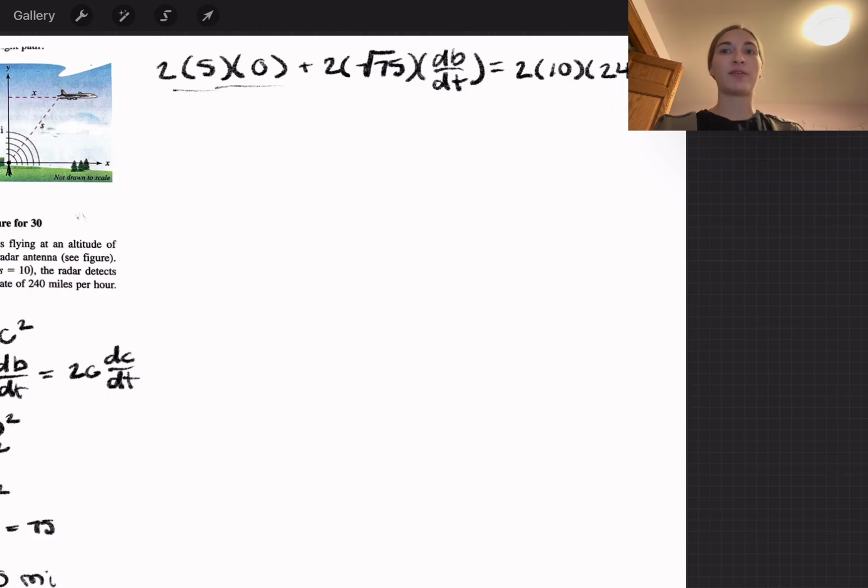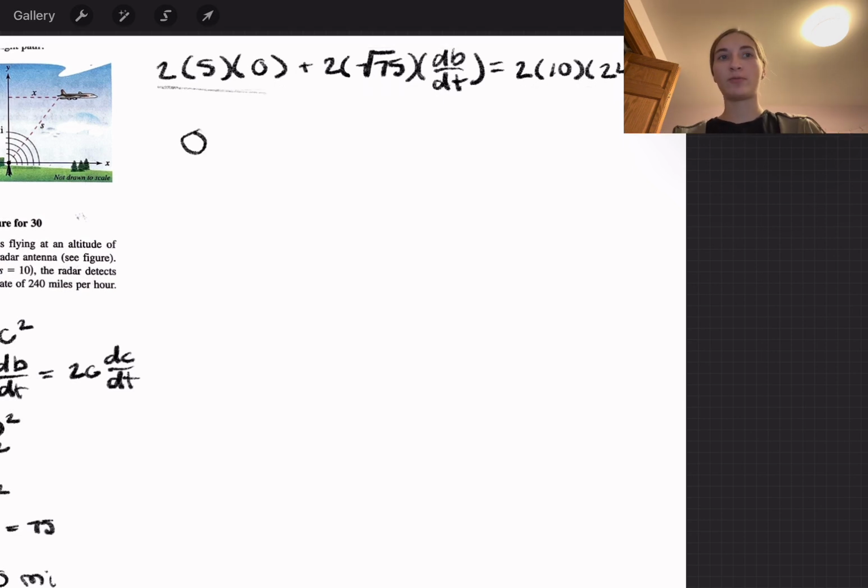Square root of 75, since that is the length of the other leg. dB dt, which we're trying to find. 10, which is the distance between the antenna and the plane. And 240, since that's the speed of the plane at that length.